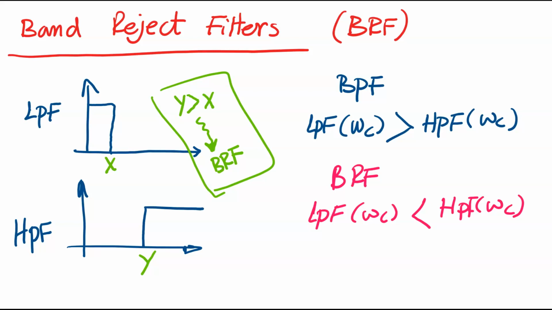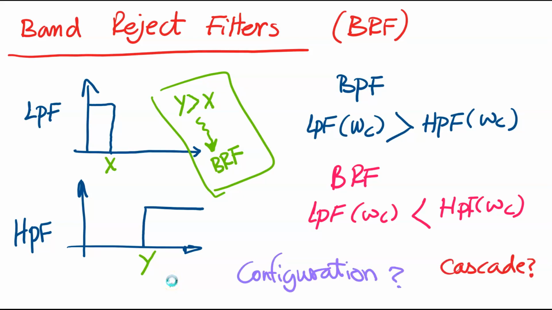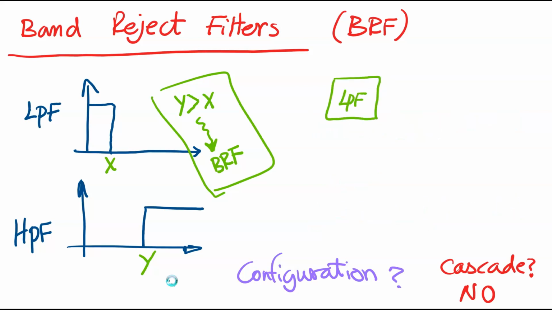Now, the next question is how should be the configuration? Should I cascade them? The answer is no. Why? Because if I cascade these two filters, what will happen is that the first filter will cut a portion of our frequency spectrum.